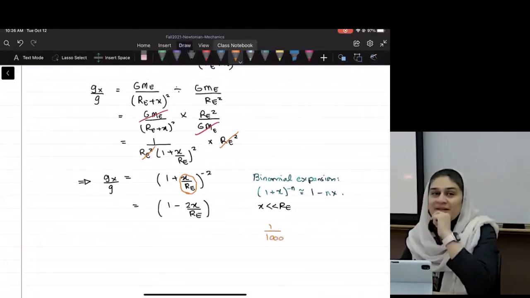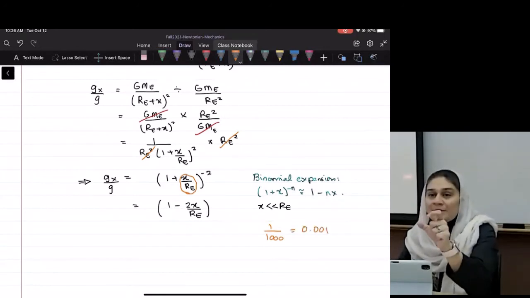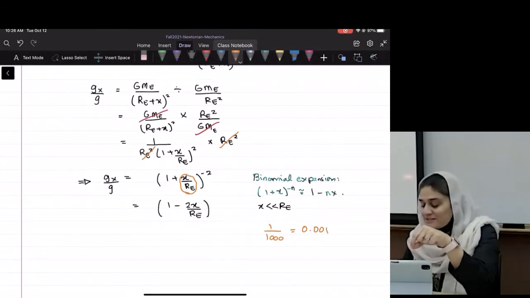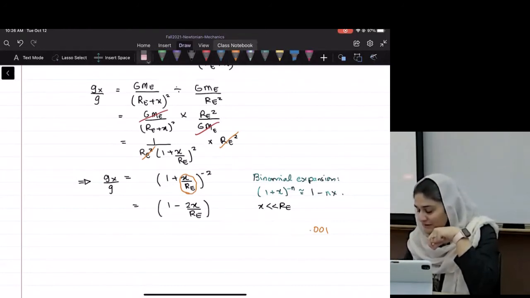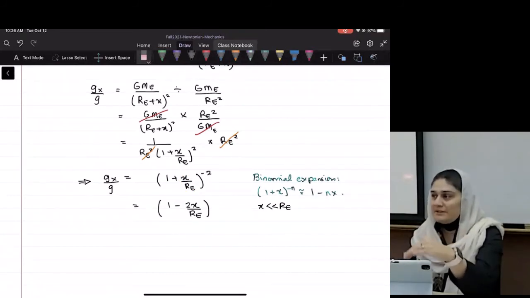Even if it's 1,000 times less than the Earth, what is this number? 0.001, right? It is a tiny number. In a situation like this, you can use binomial expansion when your next term is small. And the way you use it is this way. You take the power, you put it next to it, and you're done.